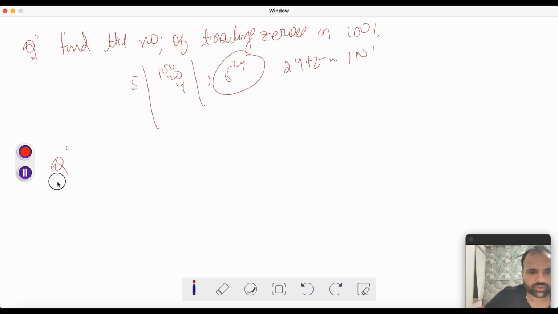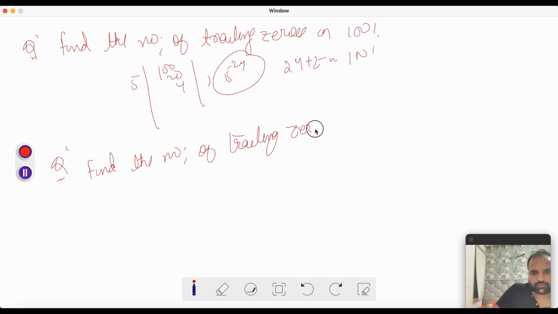Now if you have another question: find the number of trailing zeros in, let's say, you can pick any number, even one which does not have 5 in it.